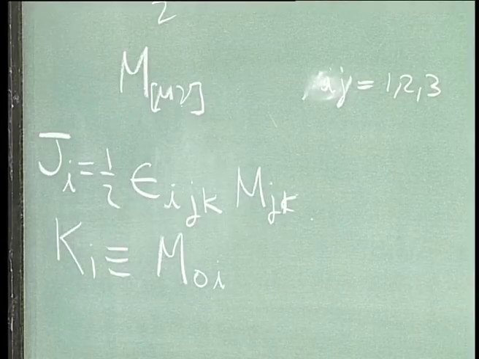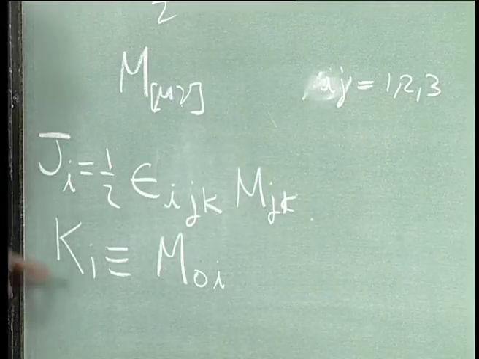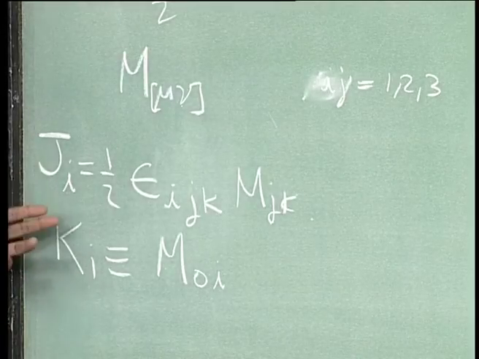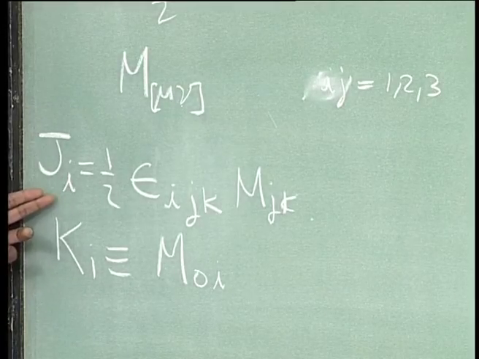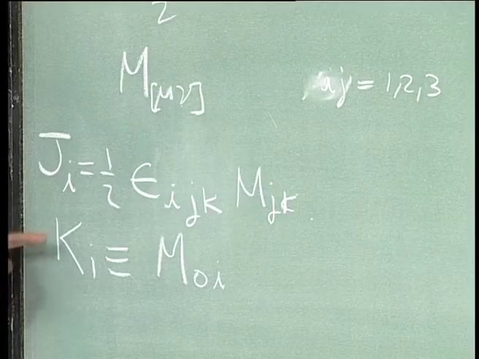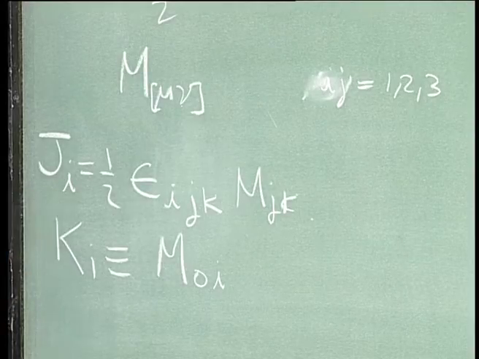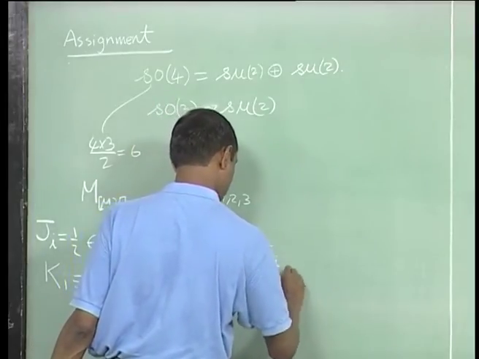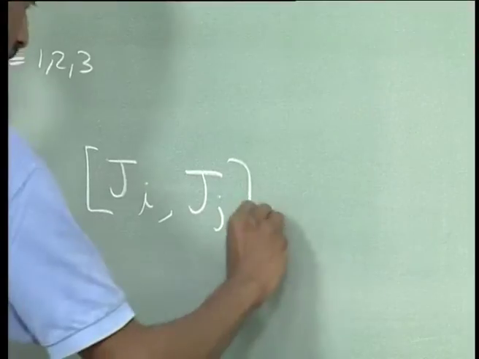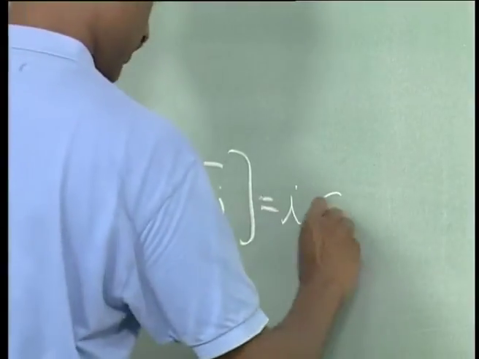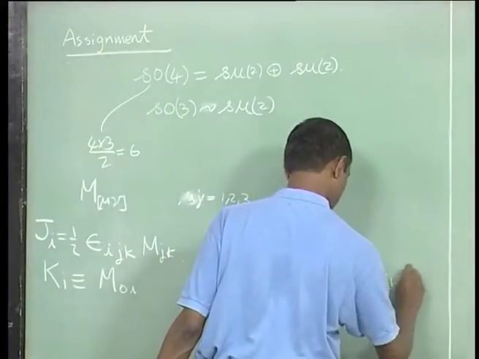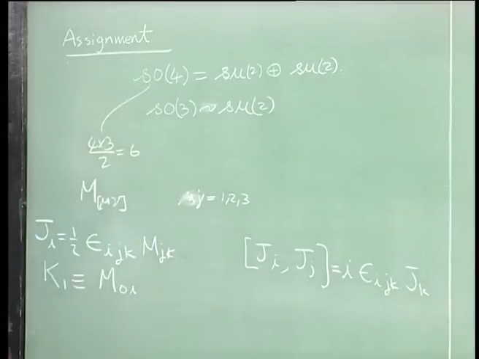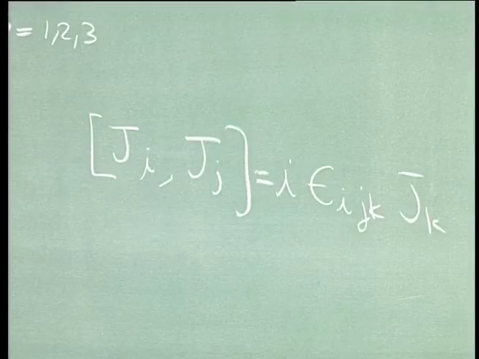Okay. And so now you can work out how these things transform. One thing we already know is that [J i, J j] is equal to i times epsilon ijk J k. This is just a normal thing which we know.